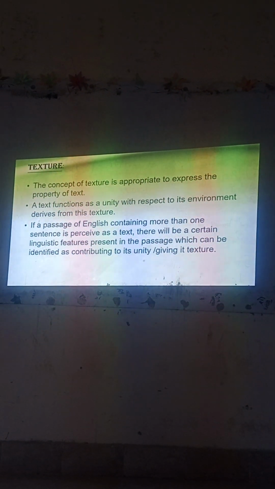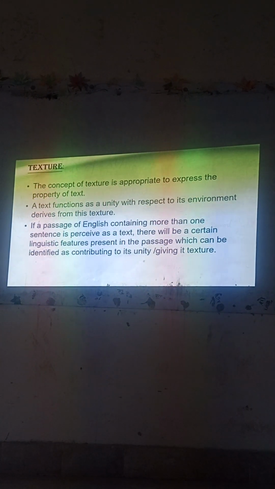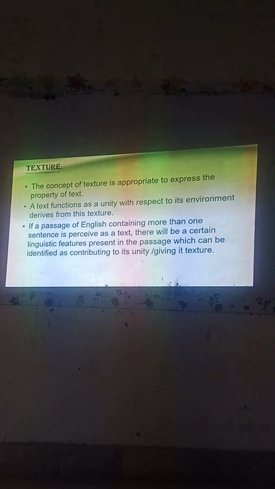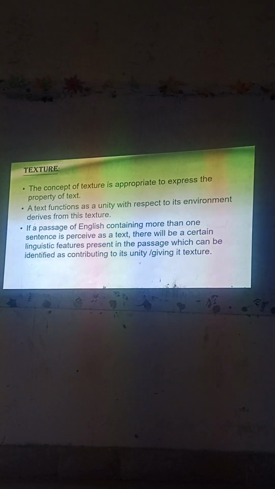The next is texture. Texture is something that exemplifies or expresses the property of a text. If a passage of English containing more than one sentence is perceived as a text, it is considered a text.